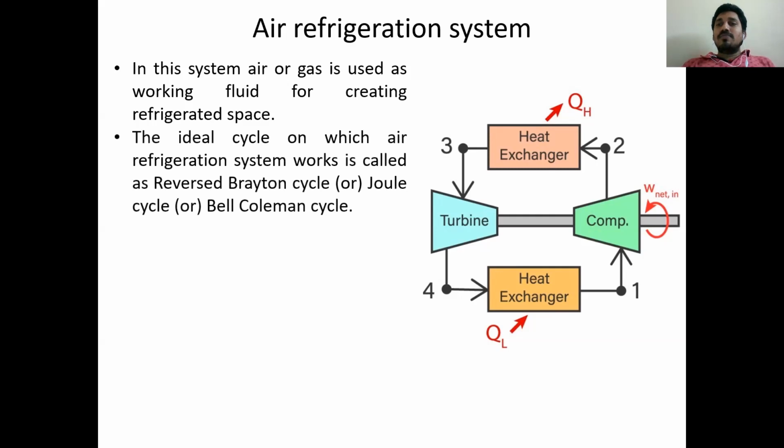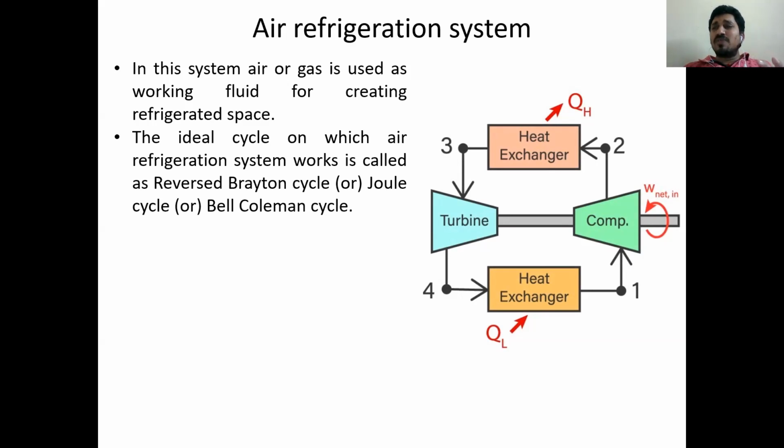Here, when air is used as working fluid, the cycle which is used for this particular system is called the reversed Brayton cycle. The cycle used for the air refrigeration system is the reversed Brayton cycle, and we also call it the Joule cycle or Bell Coleman cycle.